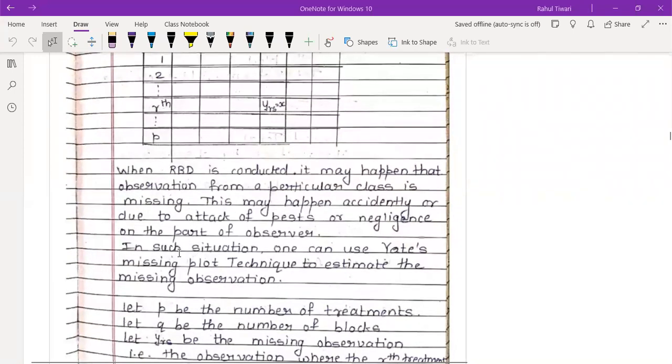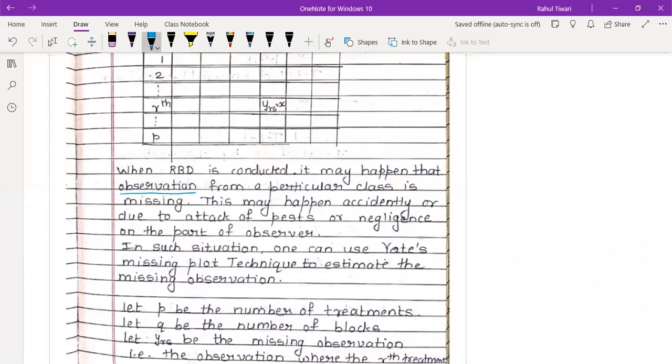So when an RBD is conducted, it may happen that the observation from a particular class is missing. When you conduct the experiment, you may find that a particular observation may be missing.